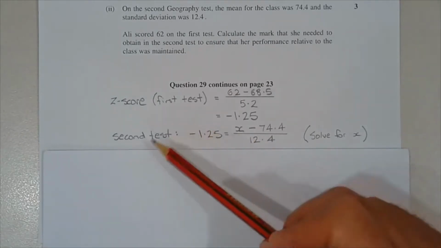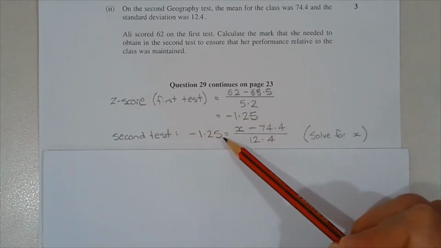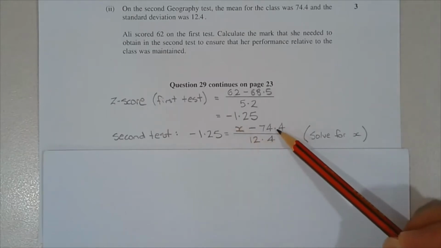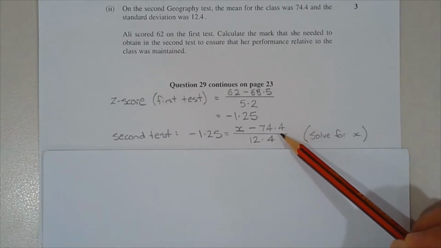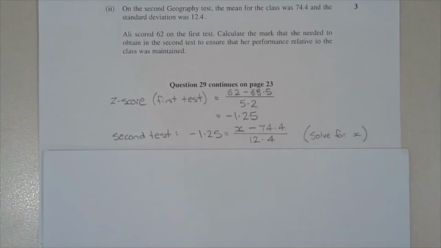So again, using the z-score formula, negative 1.25 is equal to Ali's raw score, which at this point is unknown, minus 74.4, the mean for the class for test number 2, divided by the standard deviation for test number 2, which is 12.4.